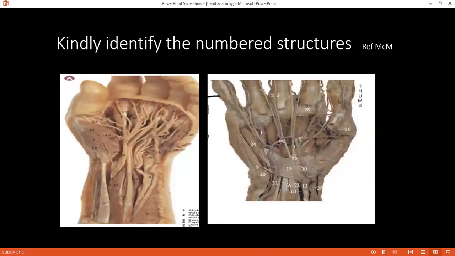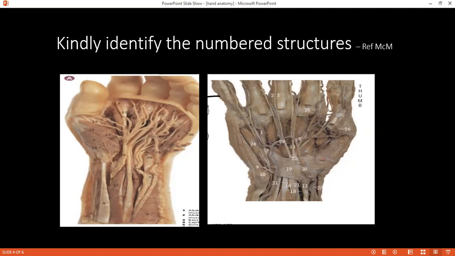Okay, can you please come over here on the right hand side image? If you can identify this number 30. This superficial branch of radial artery. Please look closely. 30, we have radial artery, and this is superficial palmar artery of the radial arch.